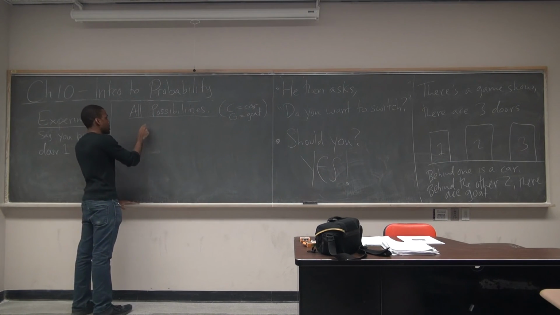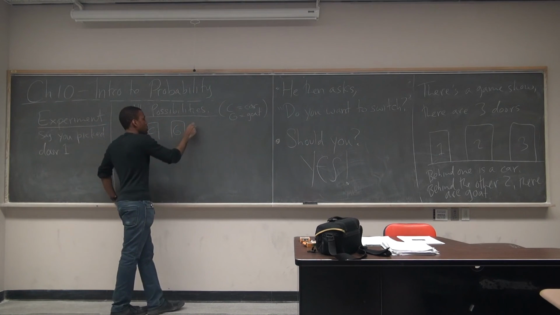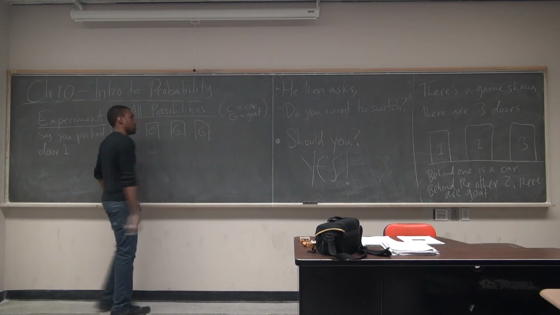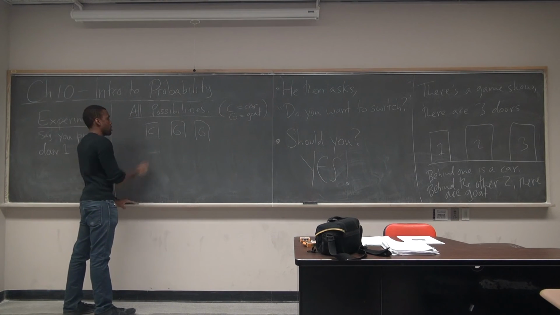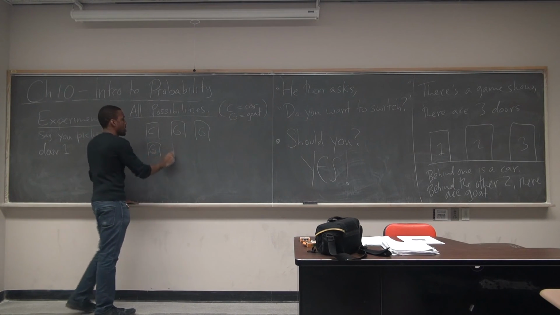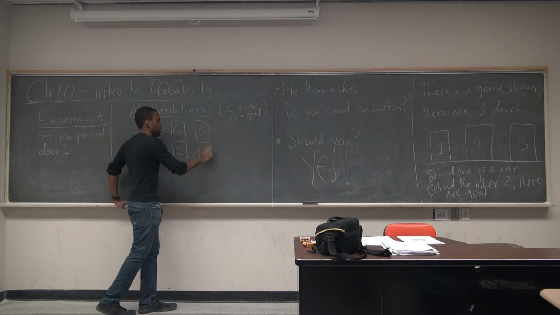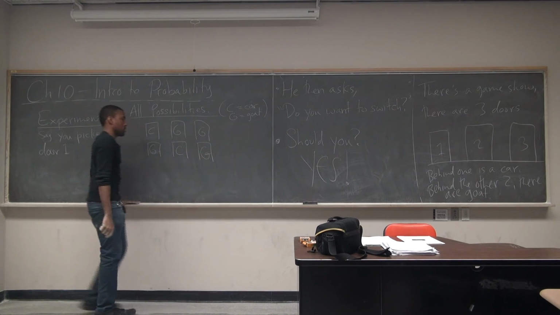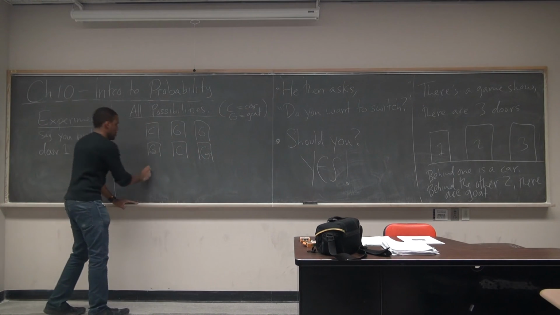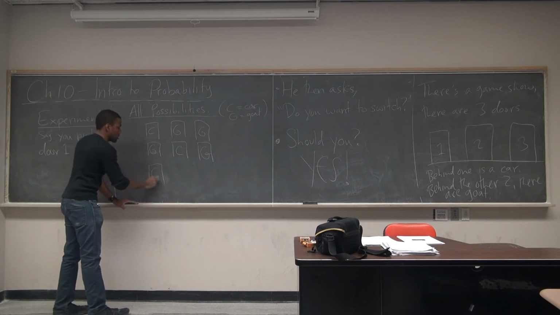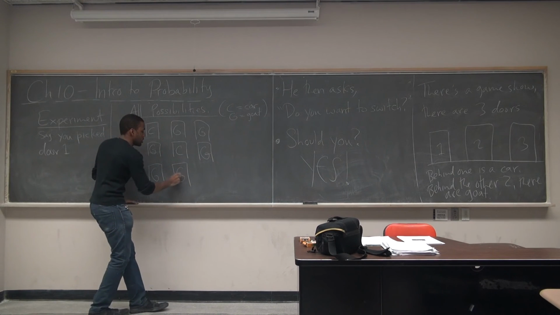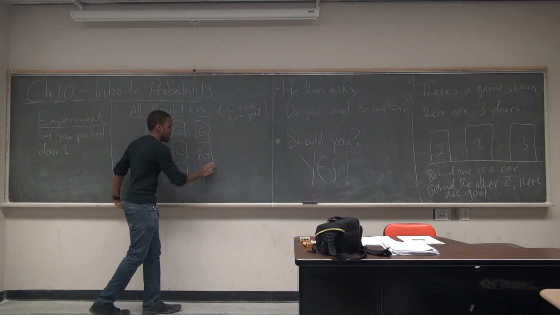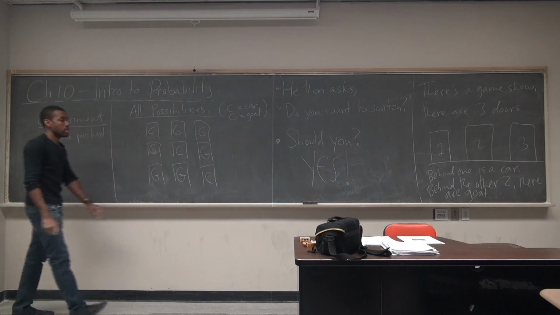So here are the possibilities, right? I can have the car in door 1 and then 2 goats over here, or I can have a goat here, the car's in door 2, and then there's a goat here. Or I can have goats here, and the car here, right?